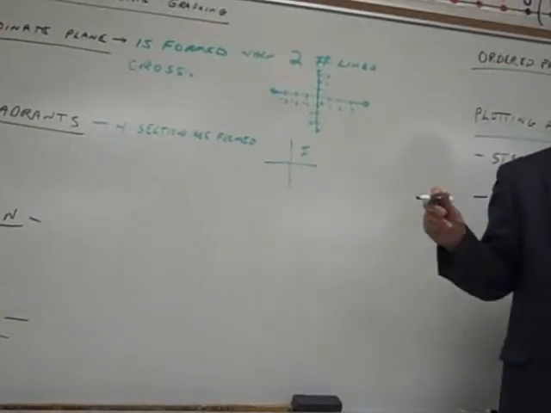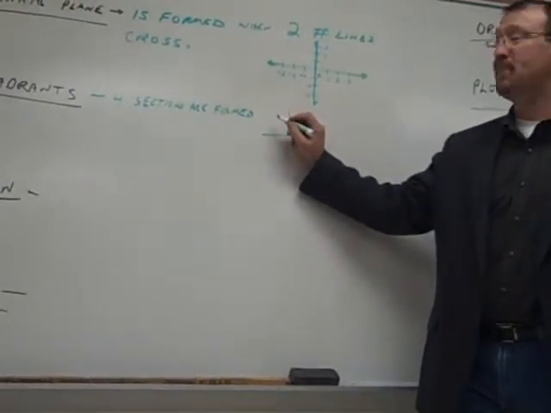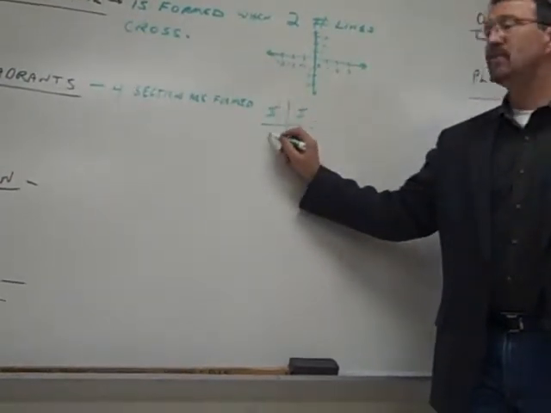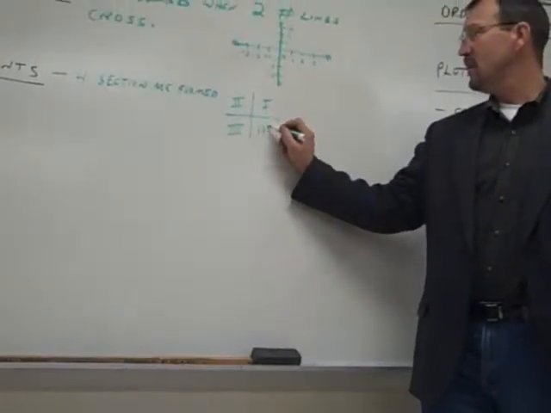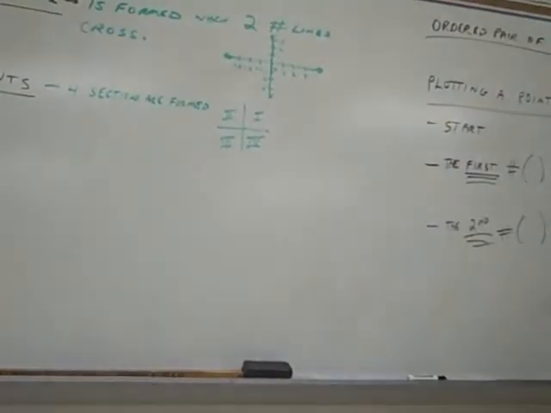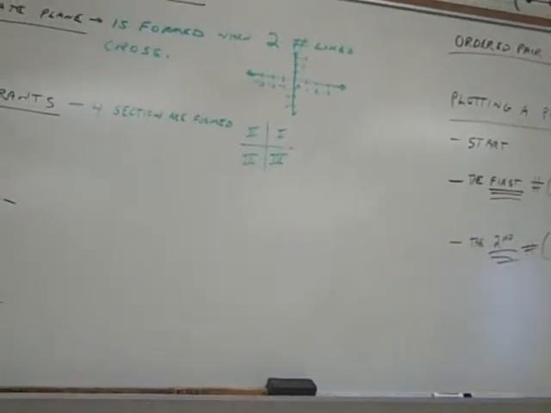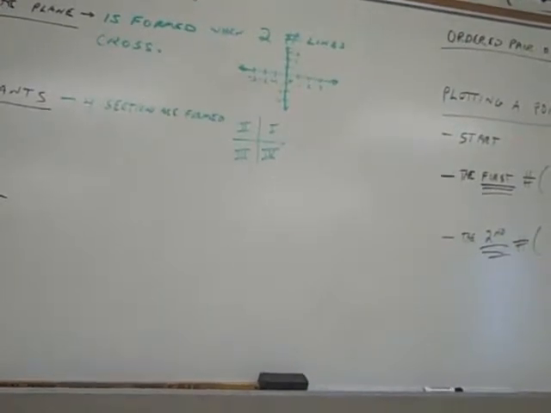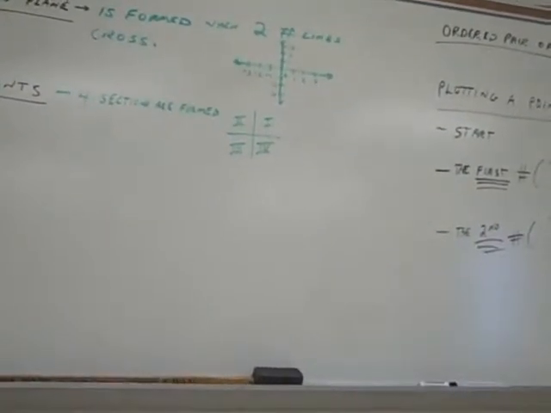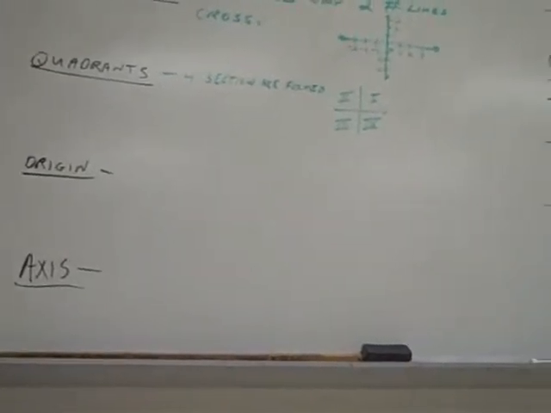You start in the upper right, going counterclockwise to upper left, to lower left, and the last one is lower right. The four quadrants. This is very important in Algebra 1 and Algebra 2 because they want to know where certain things are located. And you will tell them it is in quadrant 3, that location is in quadrant 2, or the location's in quadrant 4, whatever the case may be.